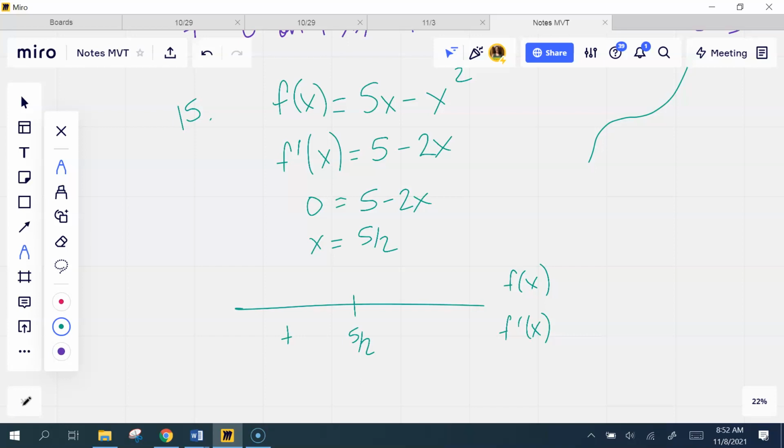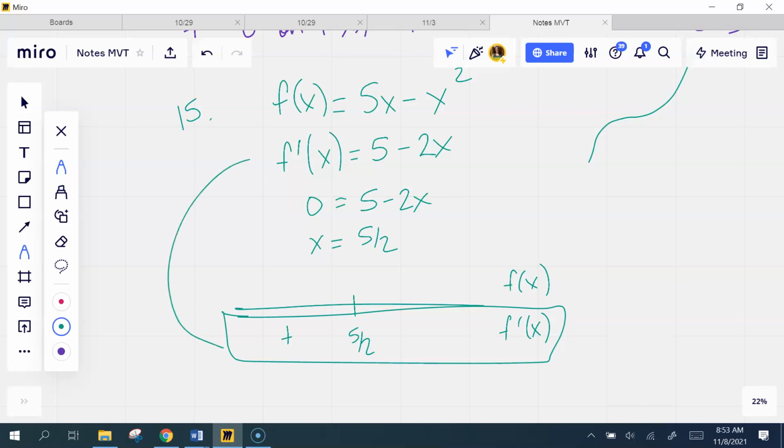So here I'm plugging into the derivative, and the sign of the derivative will tell me what the function is doing. I think y'all are getting confused on where to plug in when. That's why I keep writing derivative on the bottom and function on top. Everything on the bottom is telling me the derivative, and everything up top is telling me the function. So for this one, I'm using this equation. Are y'all with me there? So that means that the function is increasing on that interval.